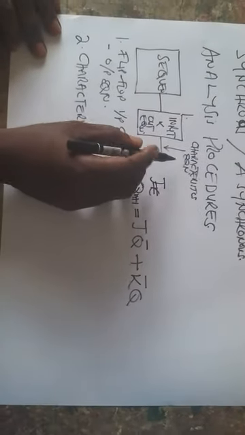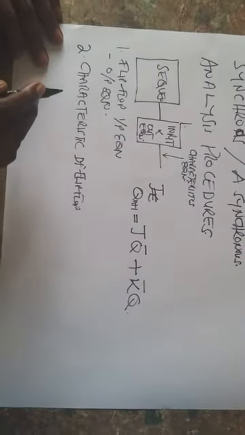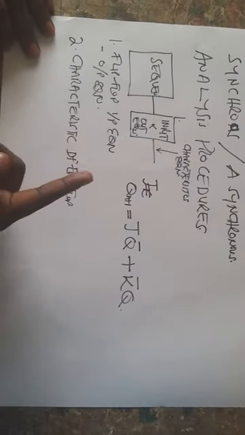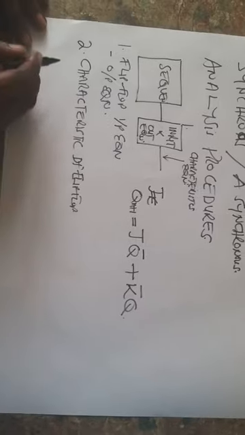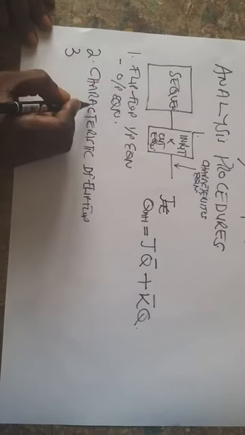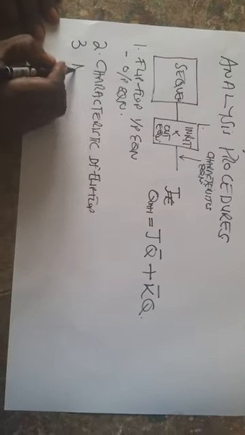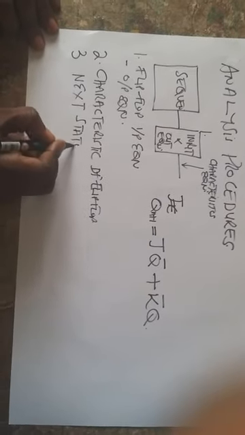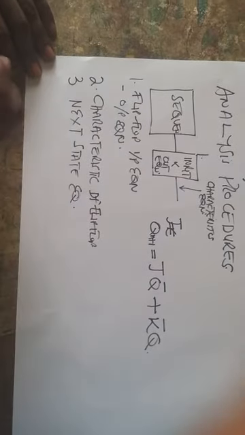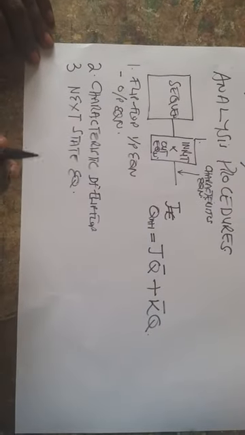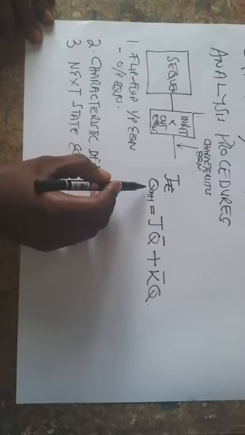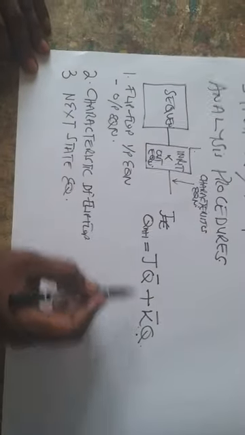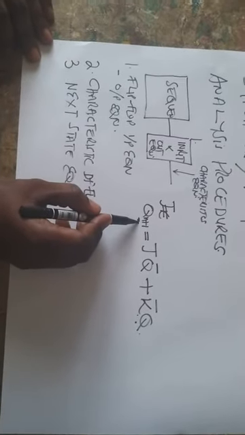So once we have the characteristic equation, we can now have our next state equation. The characteristic equation will lead us to the next state equation. For example, this is the characteristic equation of a JK flip-flop, and this is the next state, right?